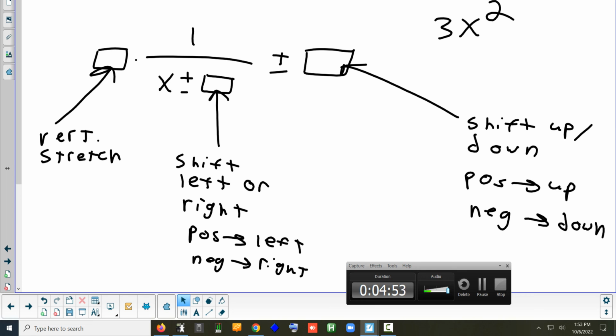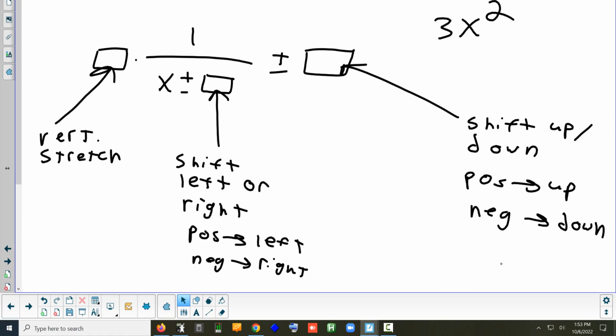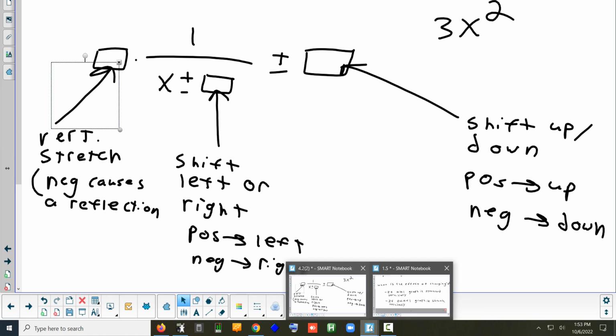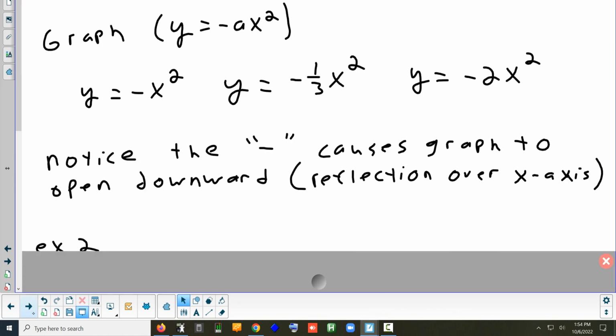Now, what if this had a negative in it too? It causes a reflection. So negative causes a reflection. And what axis would that be over? The x. Okay, so just go back here for a second.